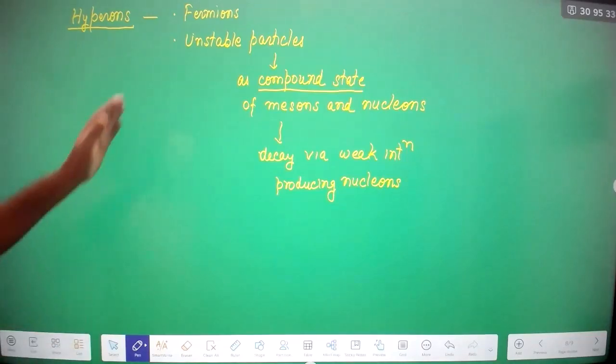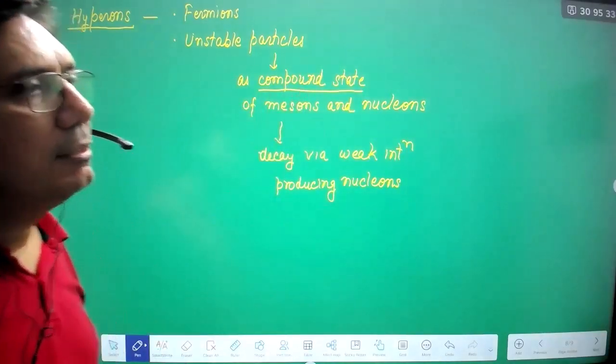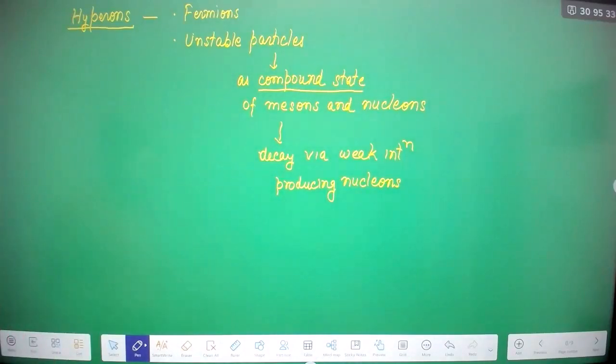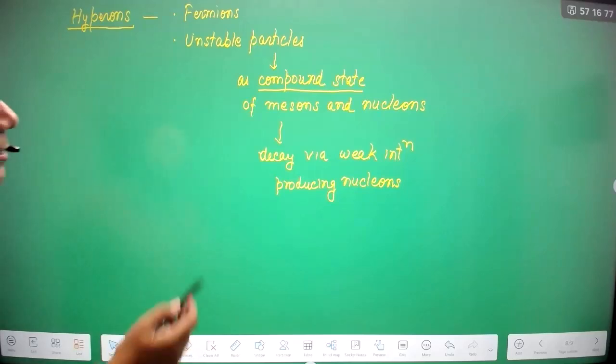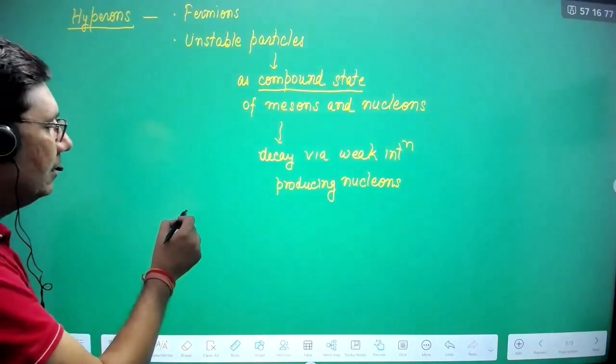They are unstable particles. Write, they are produced by strong interaction. These are important aspects.